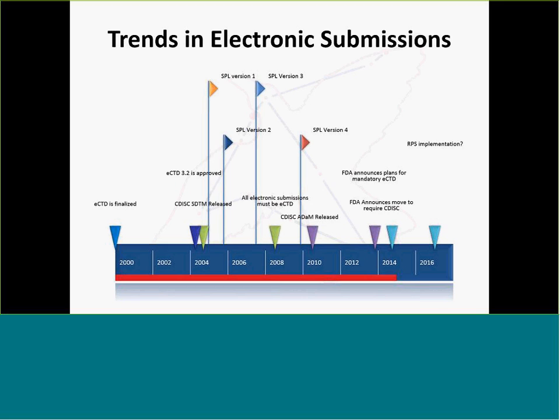After a couple of updates, in 2003 it was accepted as the FDA standard. It is still undergoing updates, and there's the expectation sometime at the end of 2016 or 2017 that eCTD version 4, also known as RPS, will be finalized, and we can all start looking forward to that.